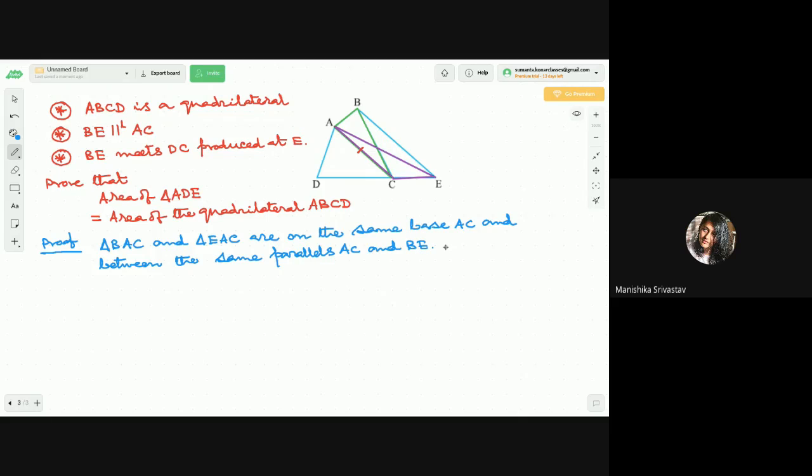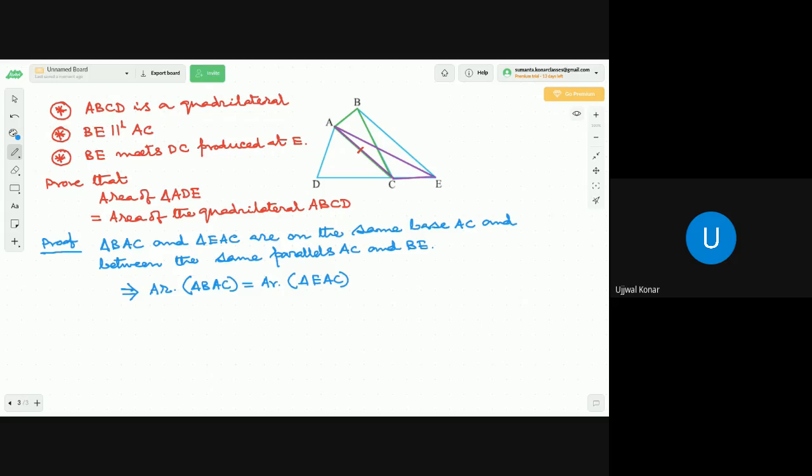Sir, triangle DAC becomes common for both of them, and that's how we prove it. Yes, triangle DAC, absolutely correct. So from here, what we can say is that the area of the triangle BAC is equal to the area of the triangle EAC. I hope all of you agree.